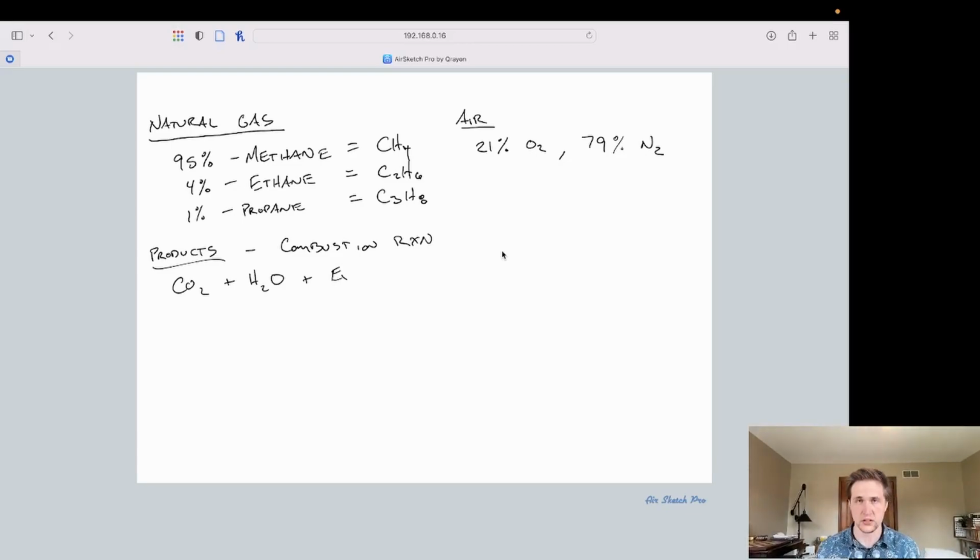Another thing to consider here is that we're going to have a 79 to 21 ratio of nitrogen leaving. The reason we want to make note of the nitrogen in particular is that even though the stoichiometry is going to be the same on both sides of the reaction once we draw it out, the nitrogen leaving as a product is going to be at a much higher temperature than the nitrogen that was entering the system. So we want to make note of that.